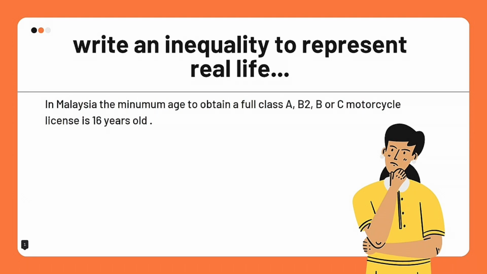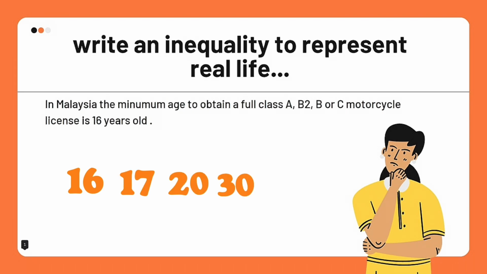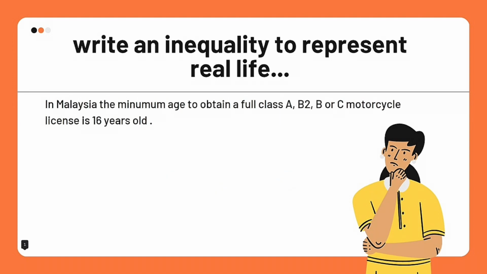So the age must be minimum 16 years old to obtain a full class. How old could they be? Well, they could be 16, 17, 20, 30, or 45, or any of other ages in between, as long as they are at least 16 years old.